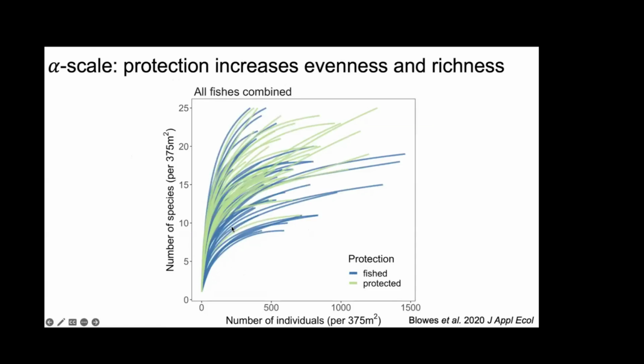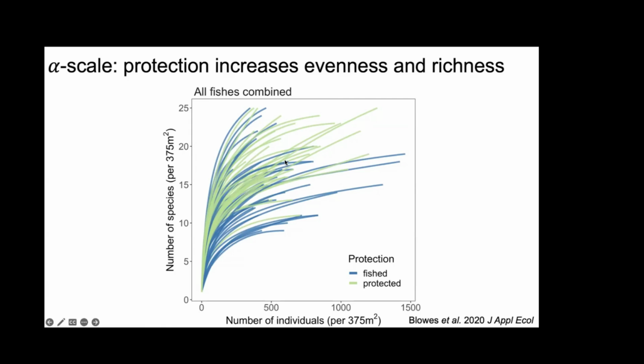And so the evenness we can see because these green curves tend to sit above the blue curves, okay? And that pulling up of the rarefaction curves means that those communities are more even. And basically due to that increased evenness, we also have more species. We actually don't see a strong signal of protection influencing the numbers of individuals here.